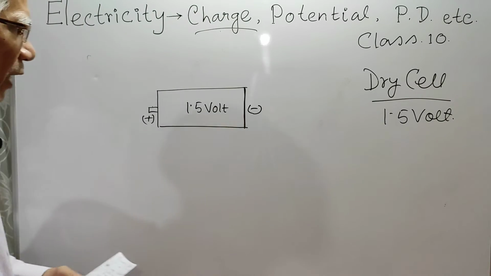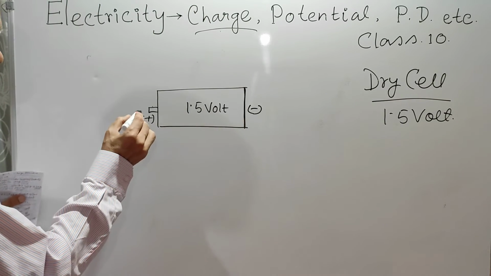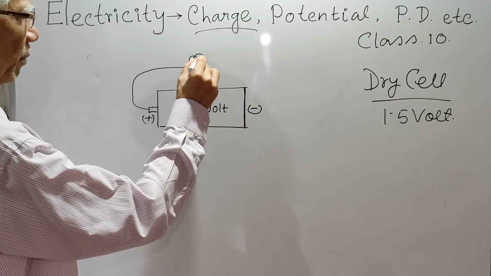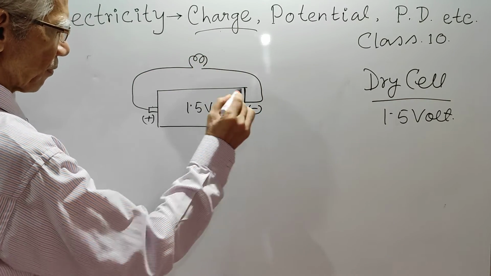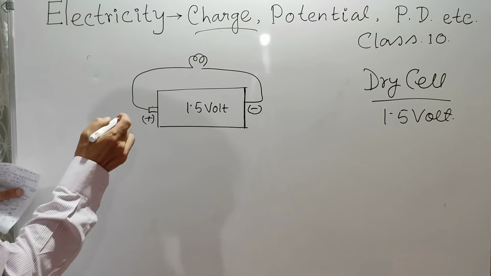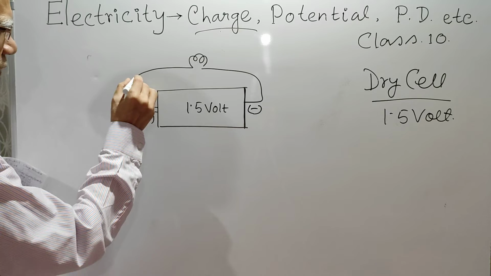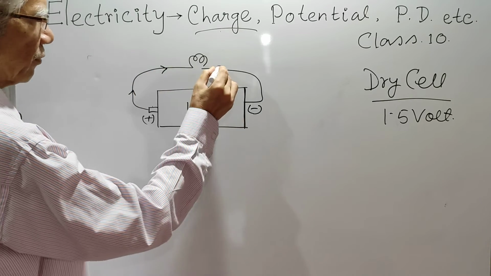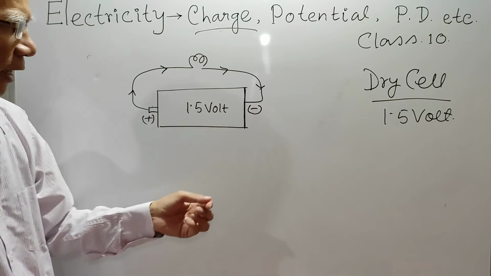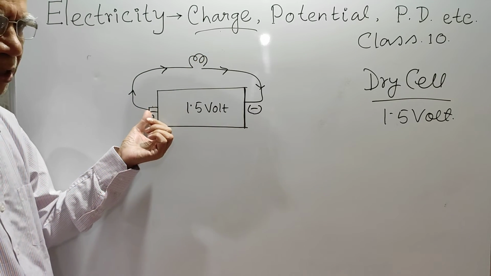That means if you connect this positive and negative terminal through a bulb, then electricity will flow, charges will flow from the positive terminal to the negative terminal. And who is pushing the charge?